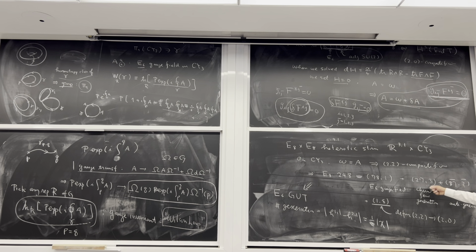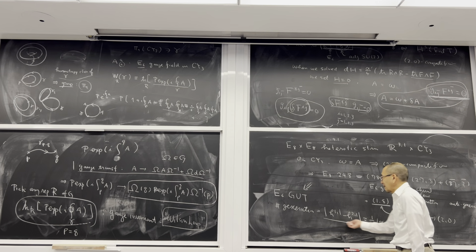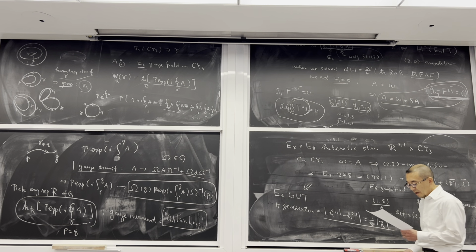And then the difference: if you have the same number of generations and anti-generations, they can pair up to become massive in general, by Gell-Mann's principle that everything that is not forbidden should be mandatory. And so therefore this is a natural quantity for the number of generations.